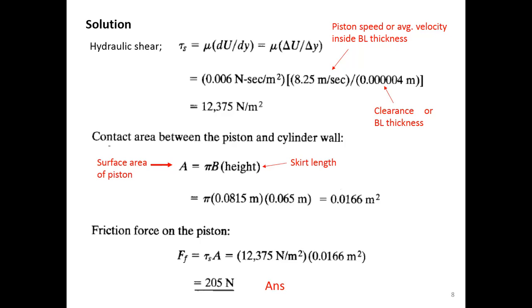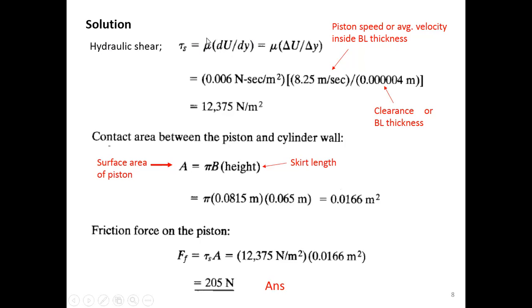So every time the piston moves, it also takes this oil to move with the piston. So it creates the hydraulic shear because of the flow that happens in the clearance area here. So this hydraulic shear can be calculated from these equations.